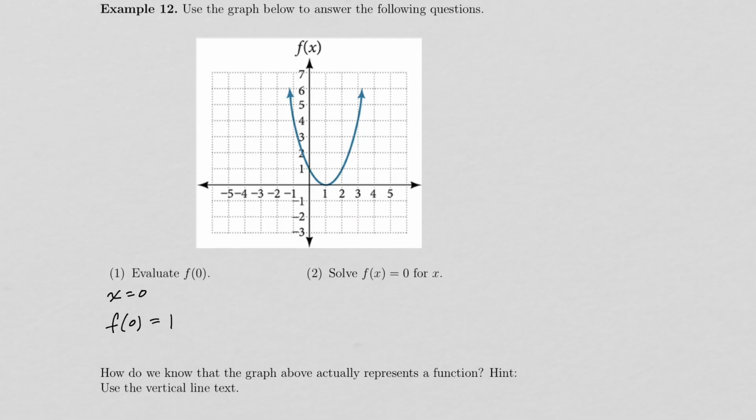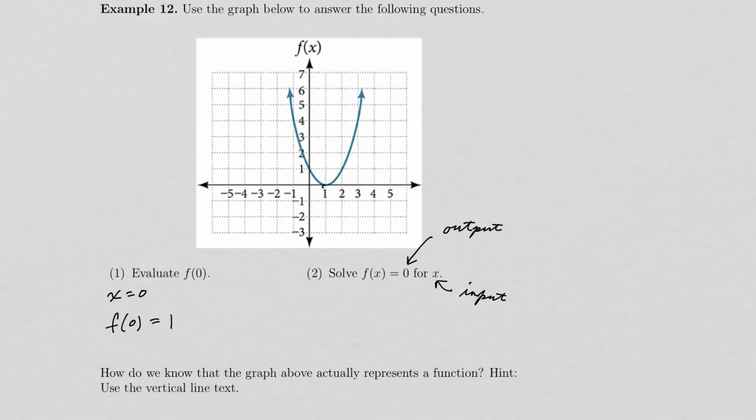And then the second question says, solve f of x equals 0 for x. So now it's saying if f of x, the output, has a value of 0 on the graph, what's the input? There could be more than one answer, but in this case, it's going to be this point right here.